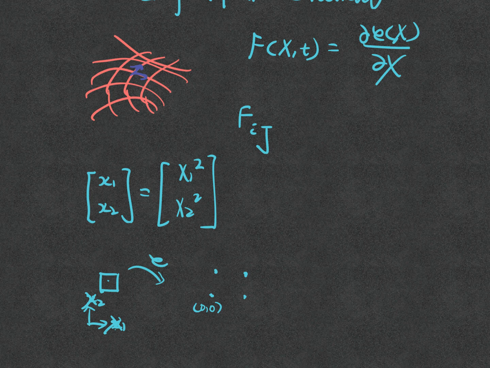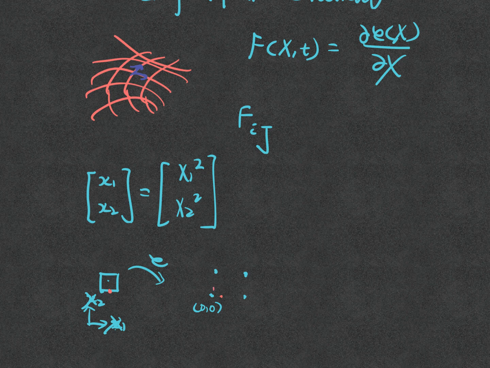So what happened to point 0.5? 0.25, right? So if I have this point, it will be moved to here, right? What about the other part?